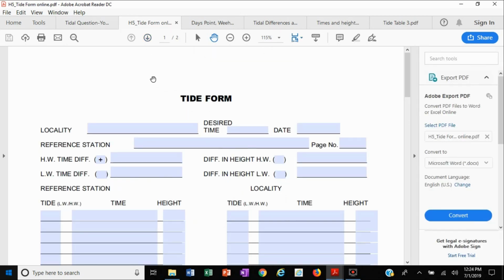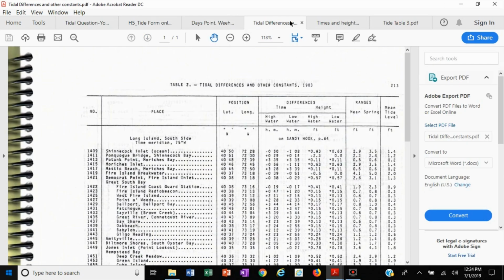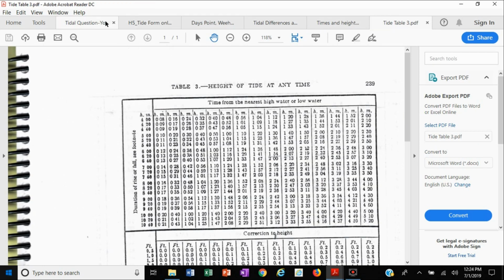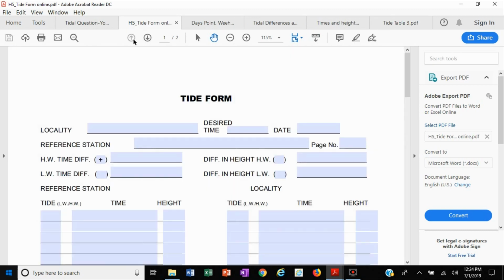Here we have the tide form, and we'll get to this in a minute. We have all the things we need that I took out of the tide tables. Now we have some things we can plug in already. We have Days Point, Weehawken.